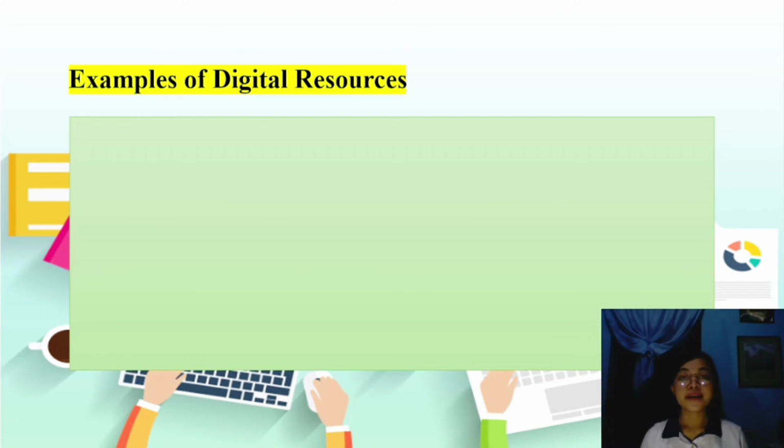We have here the examples of digital resources. The first one is electronic textbook. Ano nga ba ang electronic textbook? Electronic textbook means a lesson of a text that can be read on a desktop, mobile phone, or e-reader device.